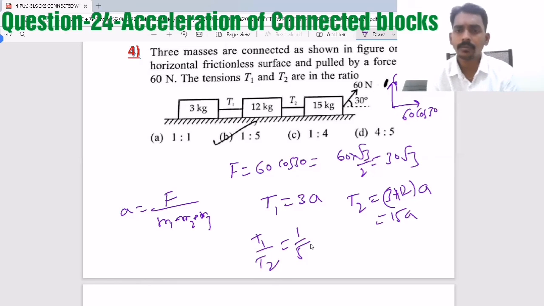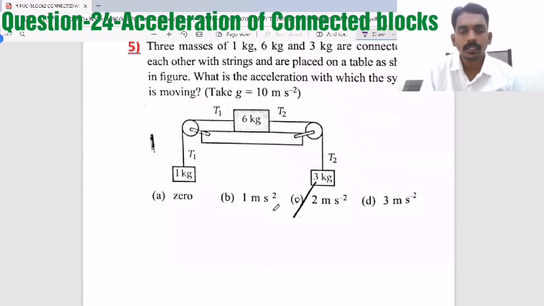The only difference here is that the pulling force is not 60, only its component affects the motion. Remaining everything is the same. You don't even have to calculate acceleration, because it is the same for all the bodies, so you can directly take the tension equation. Based on that simple concept, you can try to solve the questions.